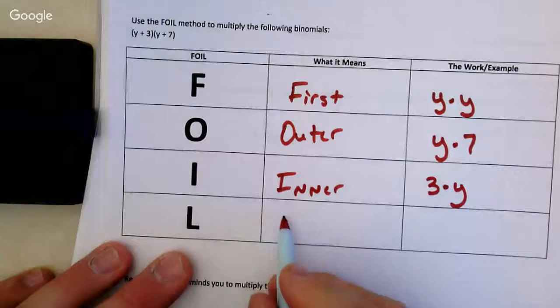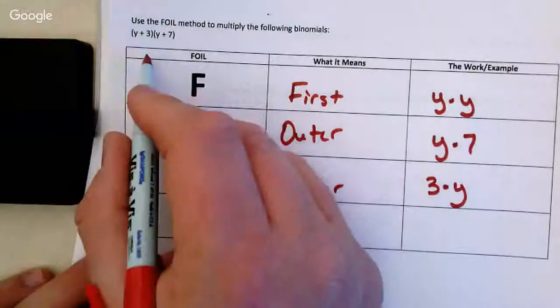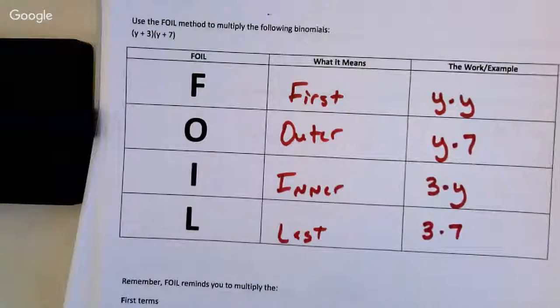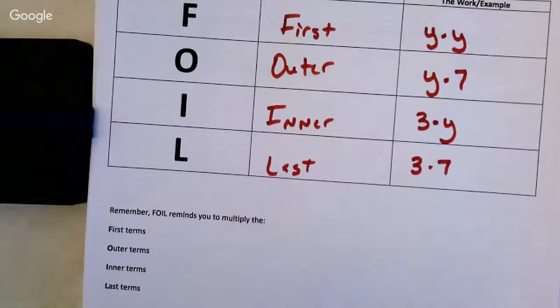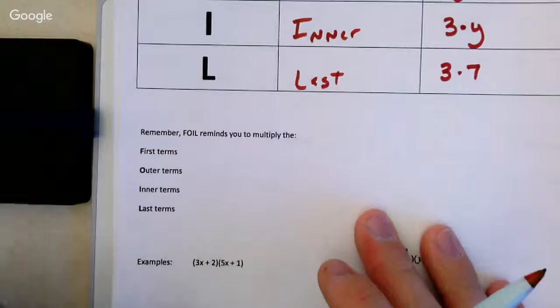And then the L stands for what? Last. In other words, I'm going to multiply the last two, and that's 3 times 7. First, outer, inner, last. That's what the terms are. Remember, FOIL means you multiply the first terms, the outer terms, the inner terms, and the last terms.